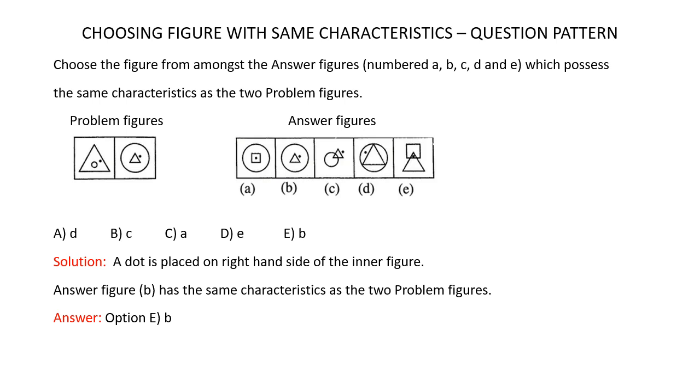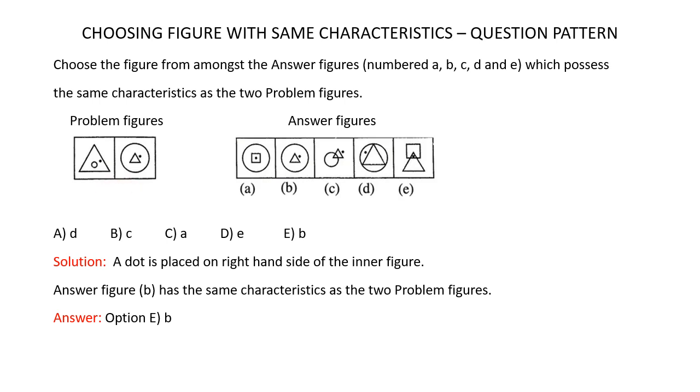So here you are given two problem figures and five answer figures marked A, B, C, D and E. Now these two problem figures have some similar characteristic. Now from these answer figures you have to choose one answer figure which possesses the same characteristics as these two problem figures.